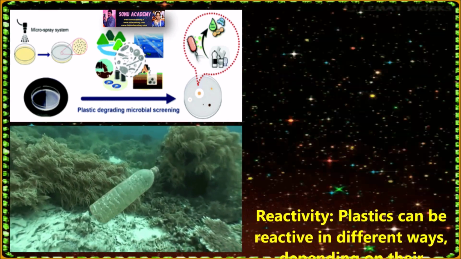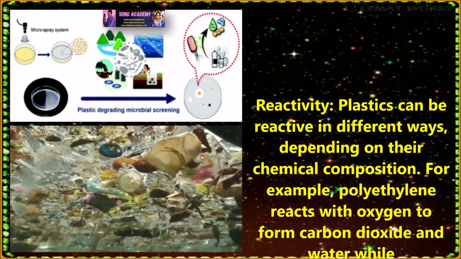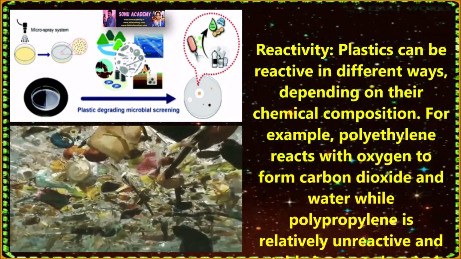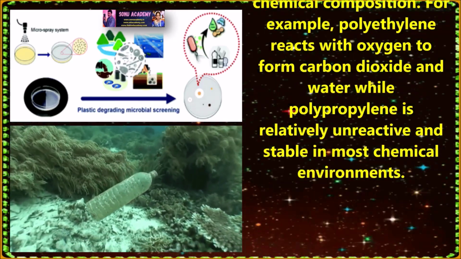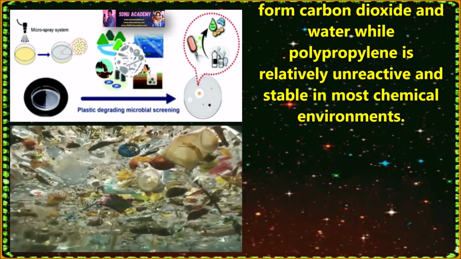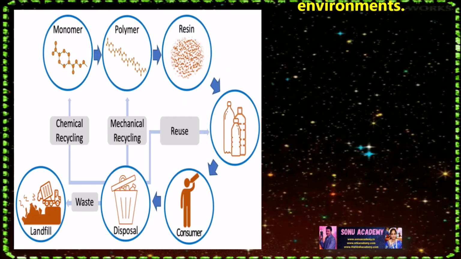Reactivity. Plastics can be reactive in different ways depending on their chemical composition. For example, polyethylene reacts with oxygen to form carbon dioxide and water, while polypropylene is relatively unreactive and stable in most chemical environments.